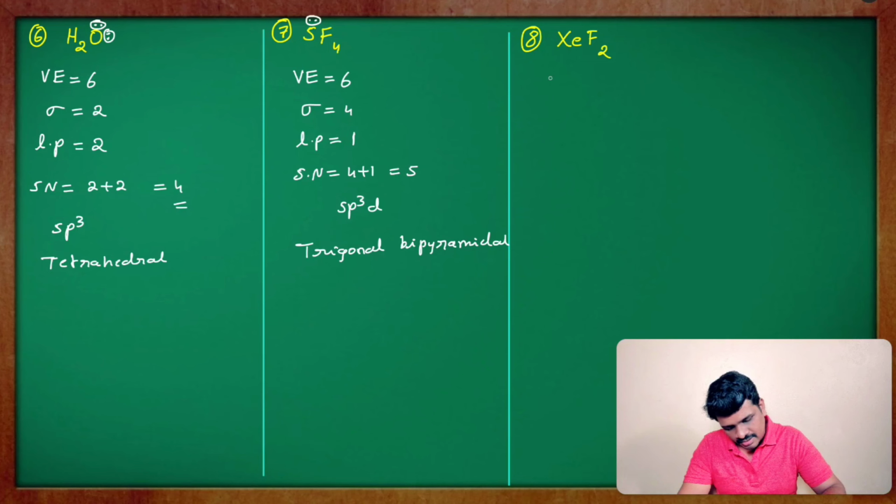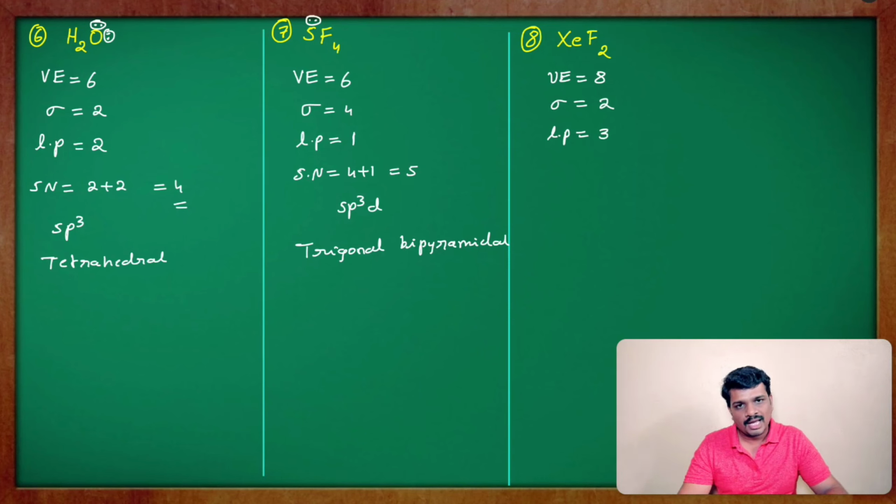Here the central atom is xenon, so valence electron will be equal to 8. How many sigma bonds are present? 2. That means how many lone pairs will be present? 8 minus 2 is 6. That means 3 pairs of electrons are present as lone pairs.